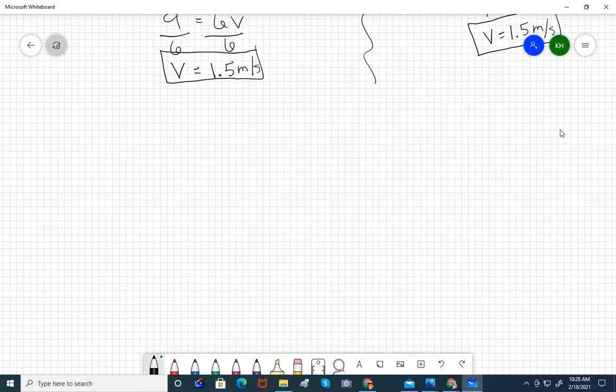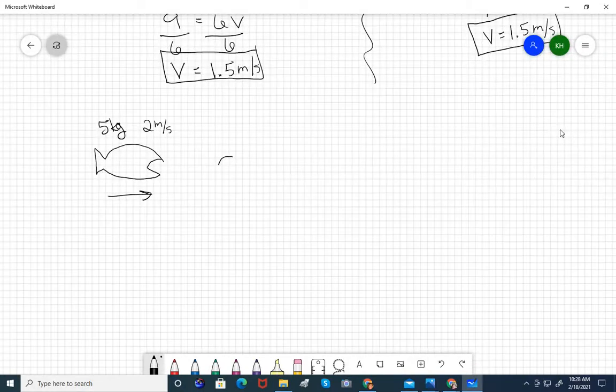So my next one says that the big fish, which I've now decided, this big hungry fish with his big open mouth, weighs 5 kilograms. And he's swimming 2 meters per second. And again, he's swimming this way. Our little fish, which is going to serve as lunch, has a mass of 1 kilogram.